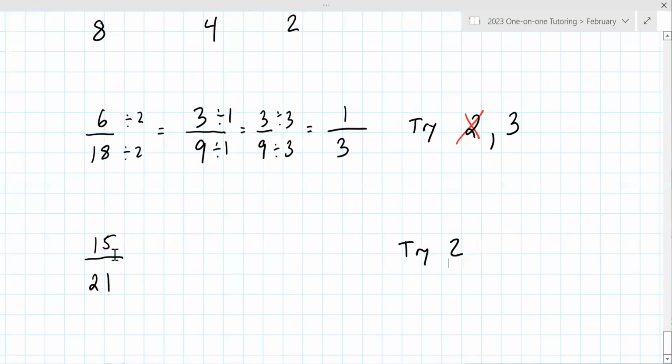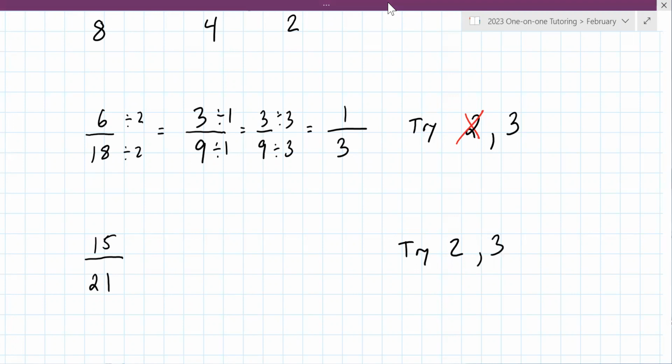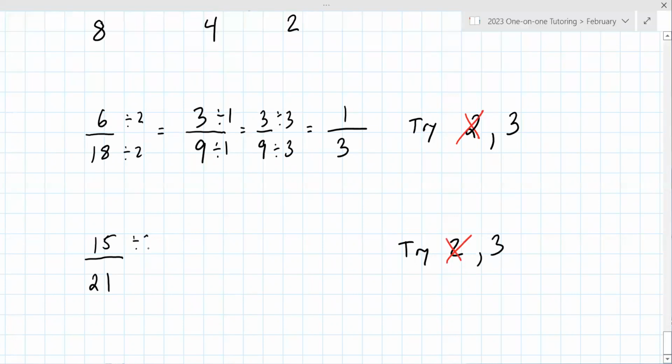No, because they're both odd. But does 3 work? Yes, you can divide both of them by 3. What is 15 divided by 3? 5. How about 21 divided by 3? 7. You got it. Very good.